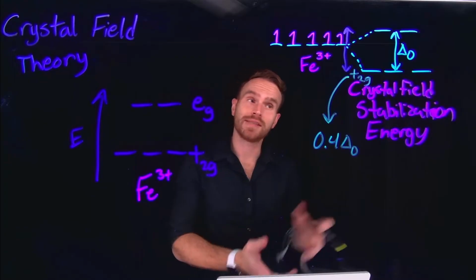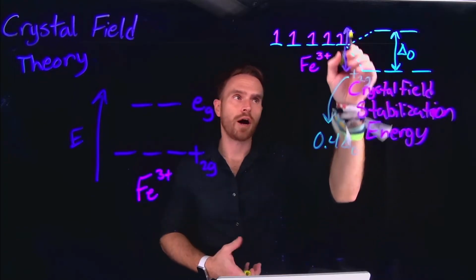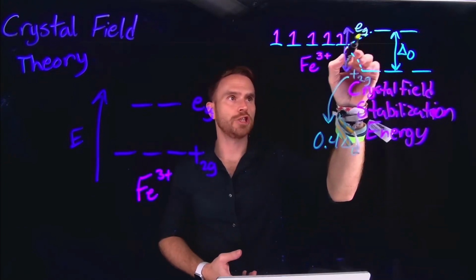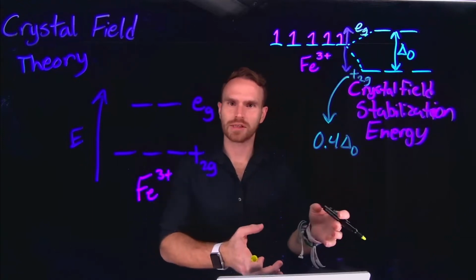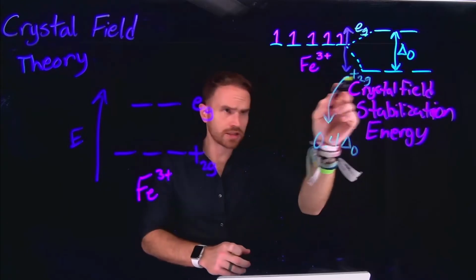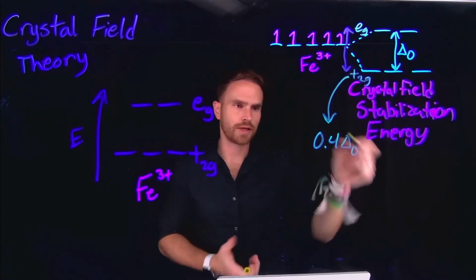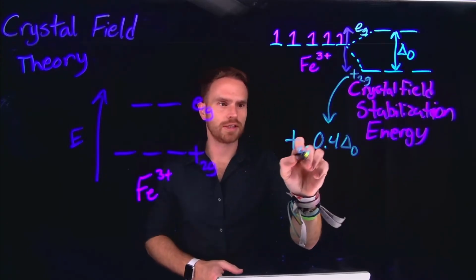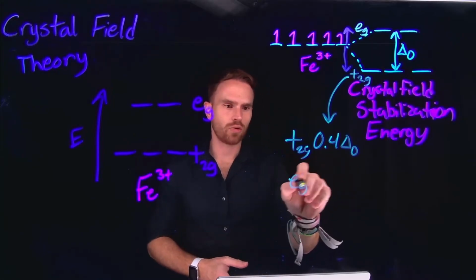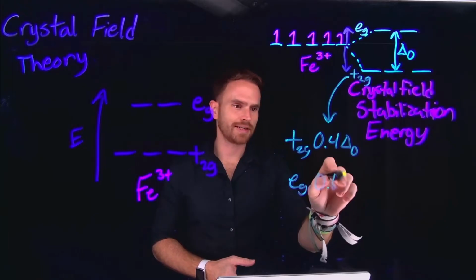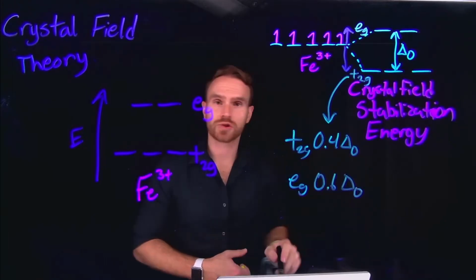And you experience a destabilization when you go in the upwards direction to what are called the eg orbitals. So we'll talk more about those Mulliken symbols or irreducible representations shortly, but just keep in mind these are called the t2g, these are the eg. So you experience a destabilization for the eg orbitals that are 0.6 of that octahedral splitting energy.